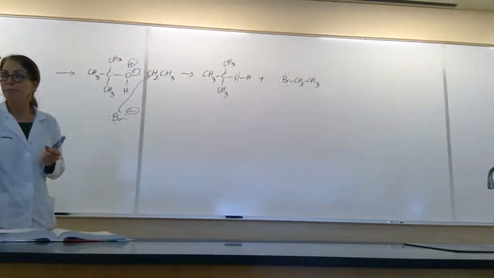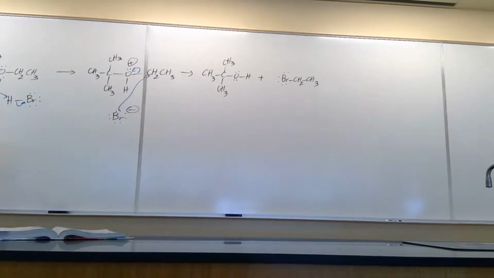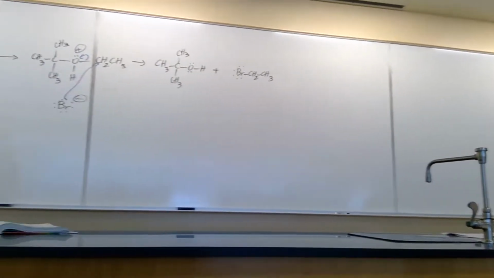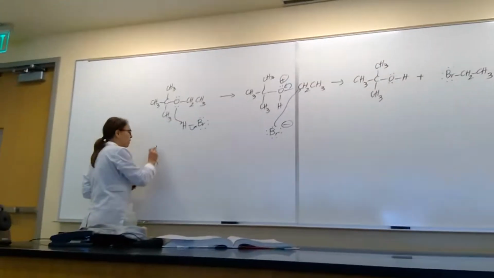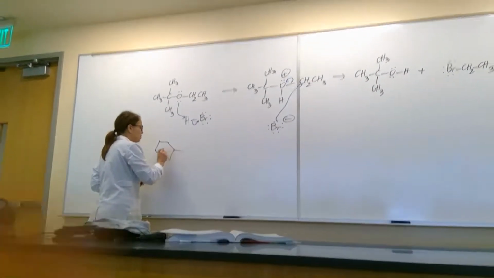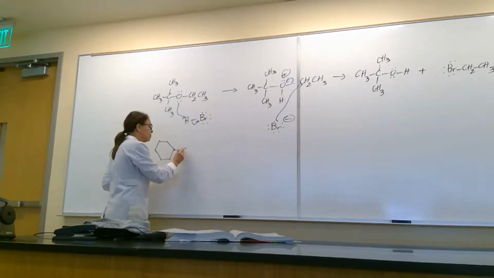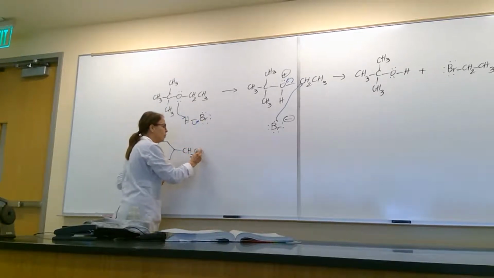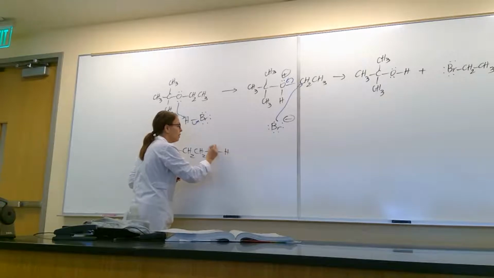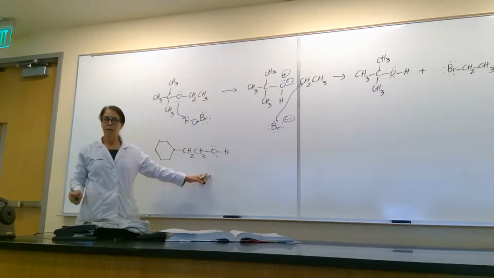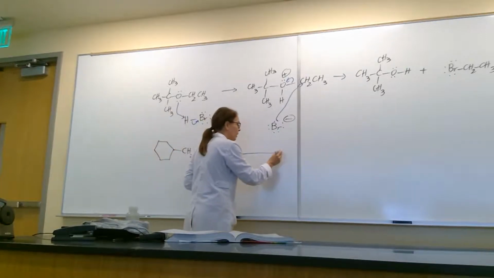Okay, C. For C, we have an alcohol. I'm going to write it in a different position just because of the four. And it's CH3, CH2, CH2OH. So this is a primary alcohol, okay? And we're adding chromic acid.